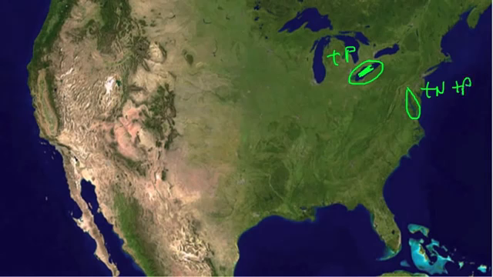The Mississippi River produces lots of nitrogen and phosphorus from the cornfields of the Midwest, and as it flows out into the Gulf of Mexico, a large dead zone is formed because of the over-enrichment of nutrients.